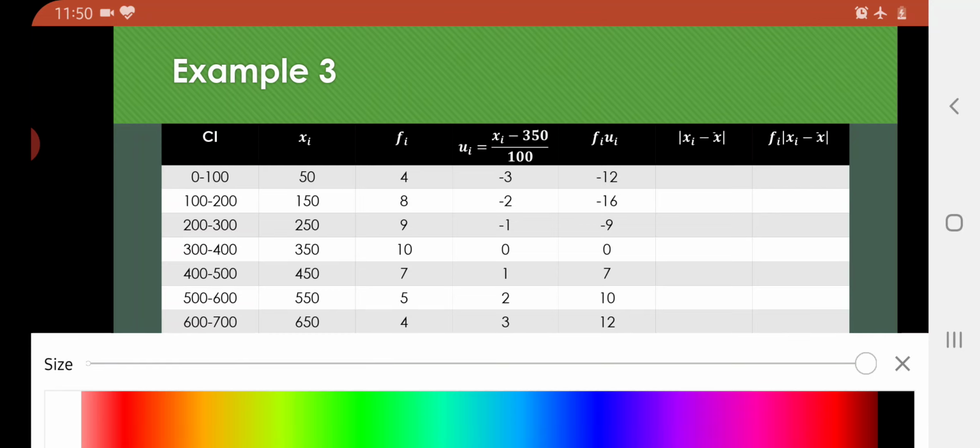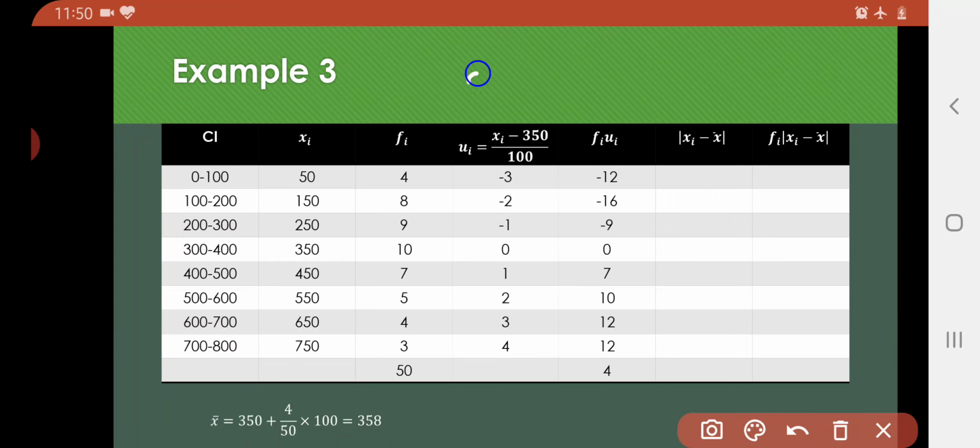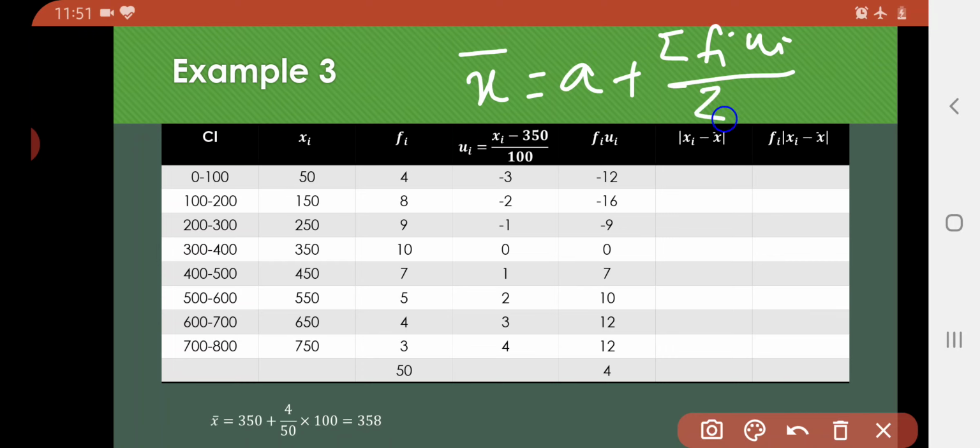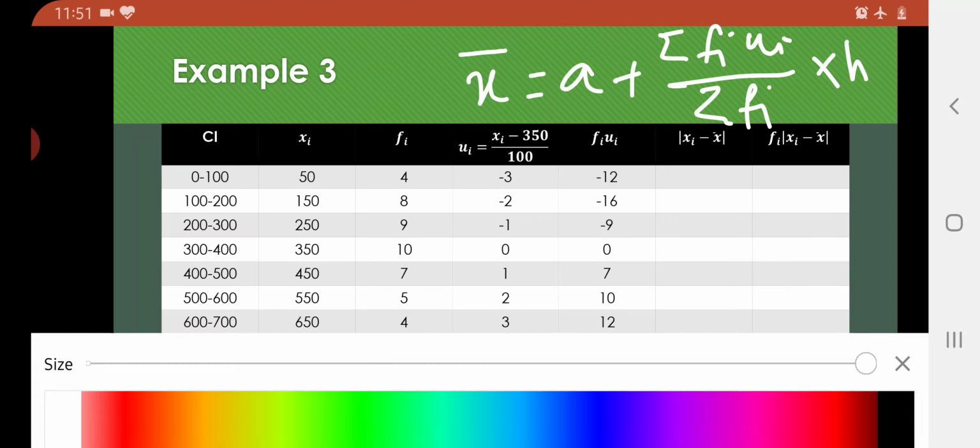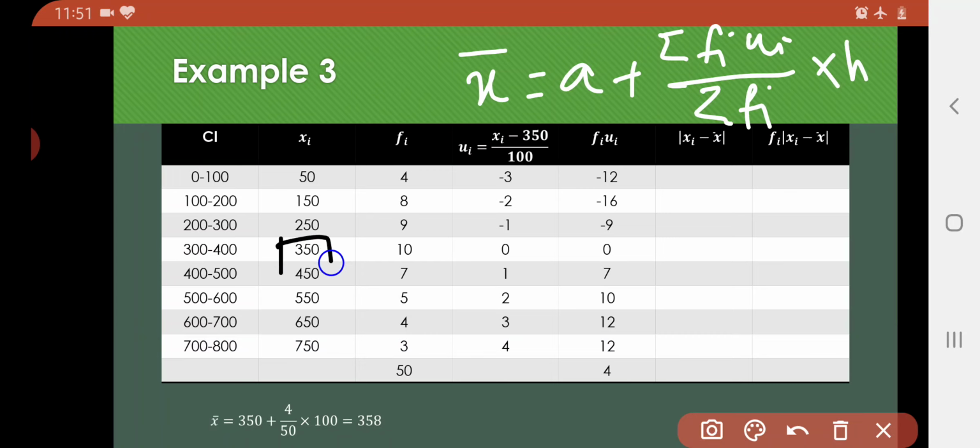So x bar is basically equals to a plus summation of fi ui by summation of fi into h. Now what is a? So here I have considered 350 to be my a. So this is your a.